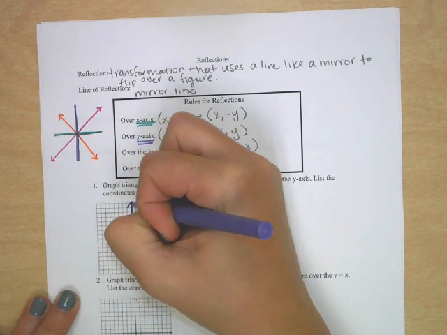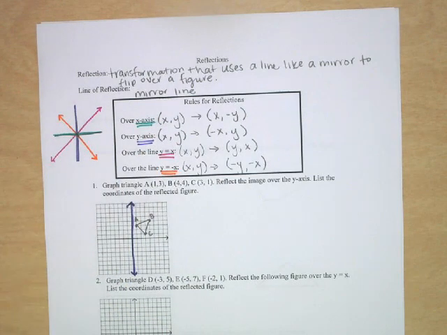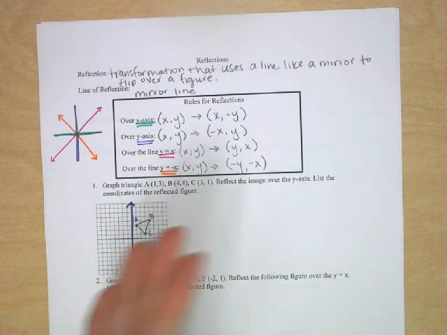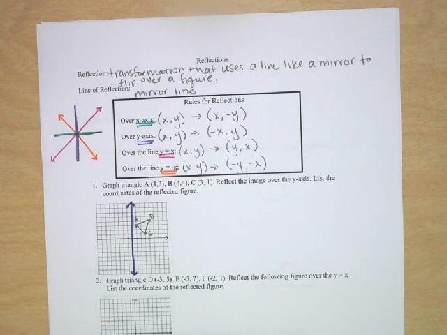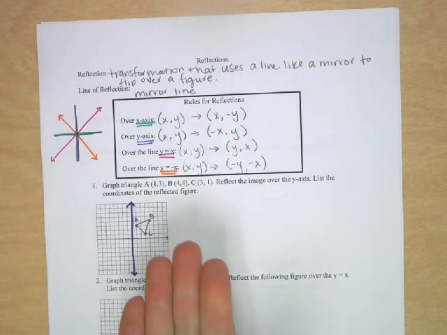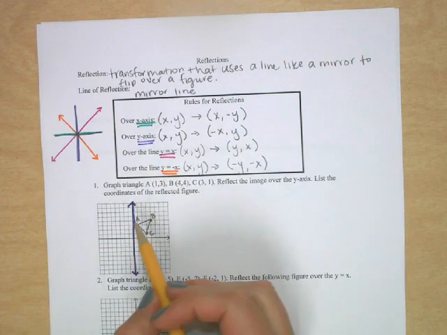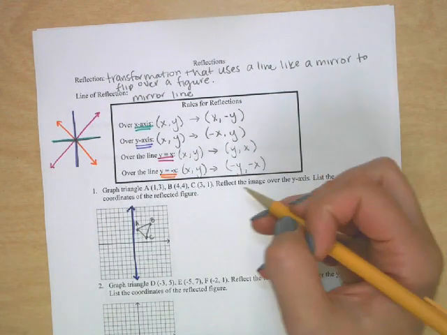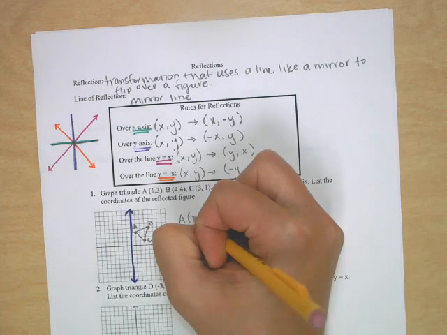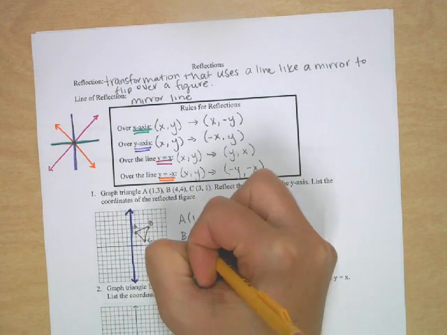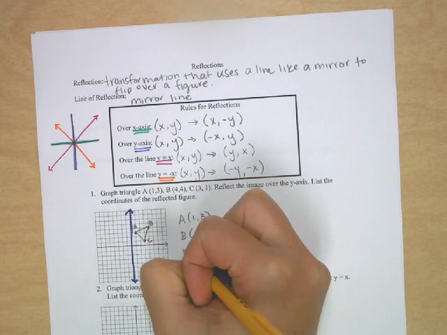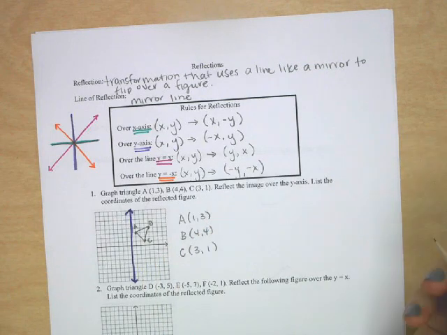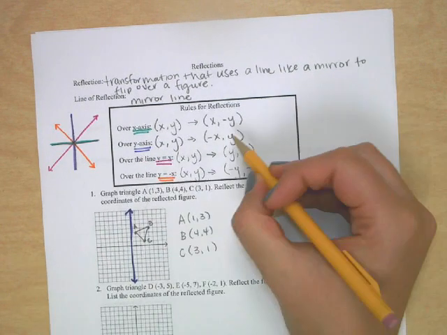So when you actually do the reflection, something to think about is it's going to be a mirror flip. So it needs to be exactly the same image, so it's not going to change its size. And it's not going to change its distance away from this line of reflection. So all of these points, A, B, and C, need to flip over the Y-axis.